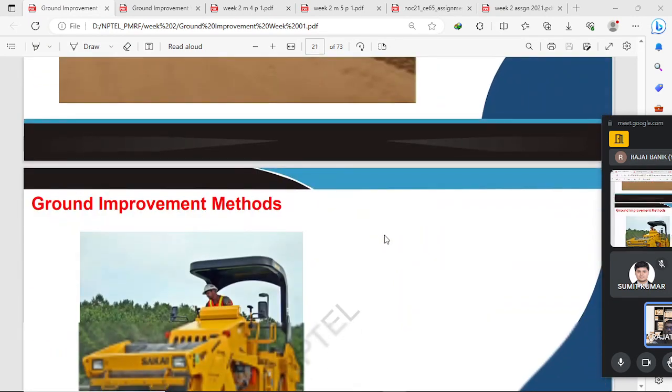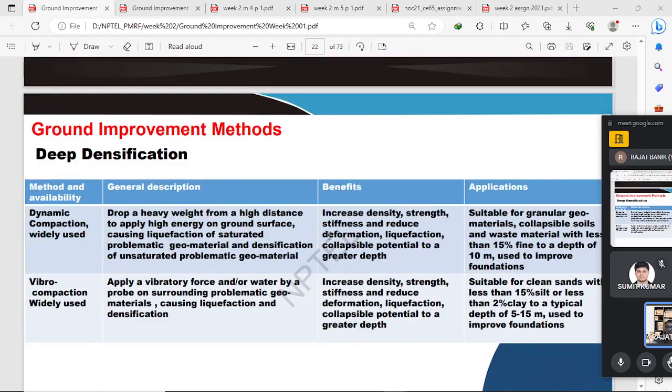Then we also learn about deep densification. In deep densification, we learn about dynamic compaction and vibro compaction. Both are used widely in the field, and heavy machinery is used in both, and they improve the ground to a large extent, like 5 to 15 meters, sometimes up to 30 meters.